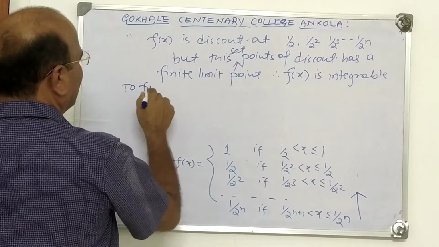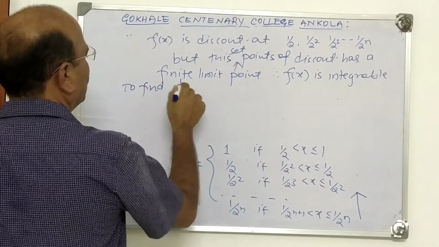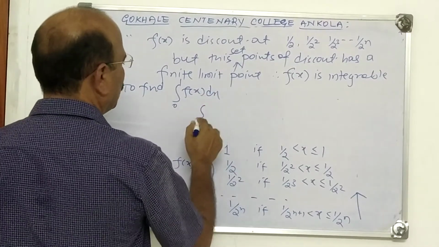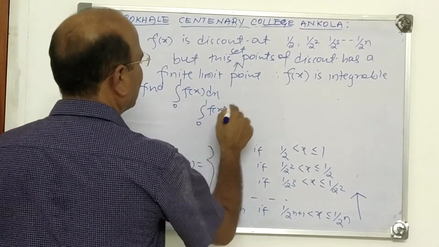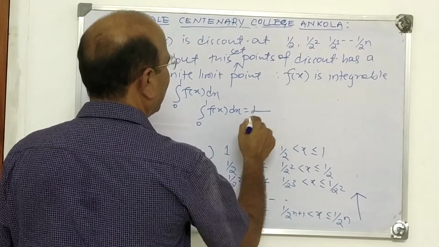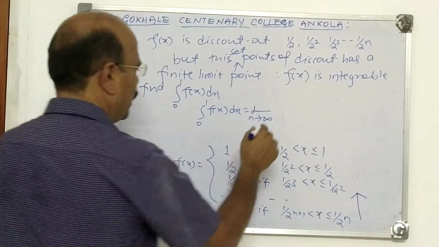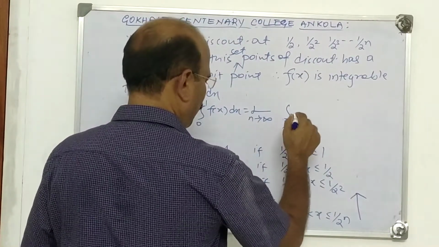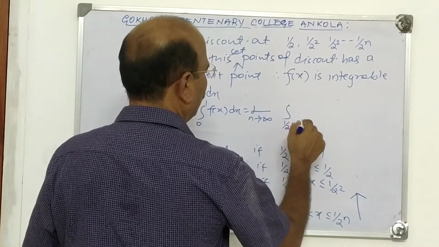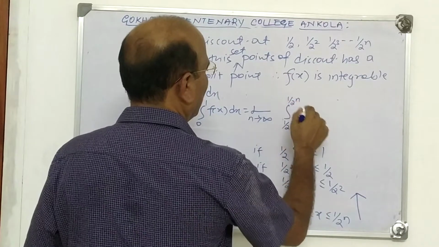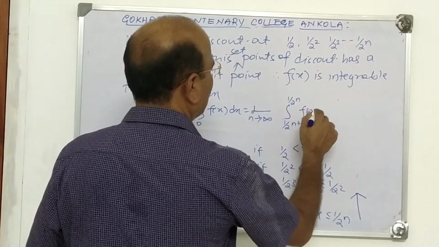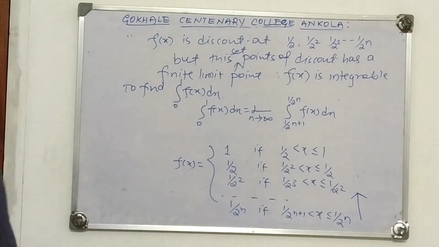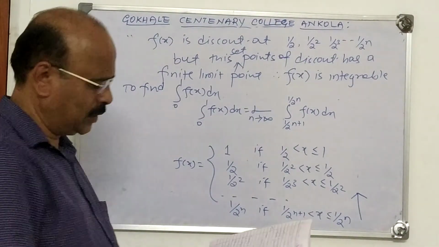Now the second part is to find the integral from 0 to 1 of f(x) dx. We have the integral from 0 to 1 of f(x) dx is the limit as n tends to infinity of the integral from 1/2^(n+1) to 1/2^n of f(x) dx.